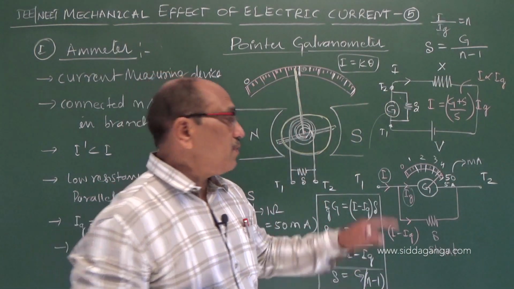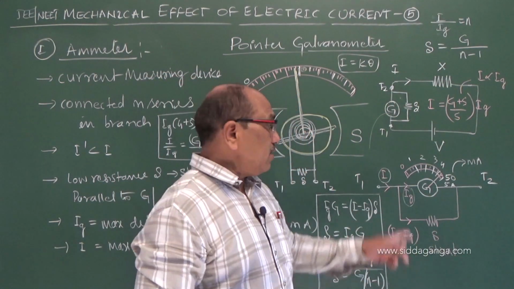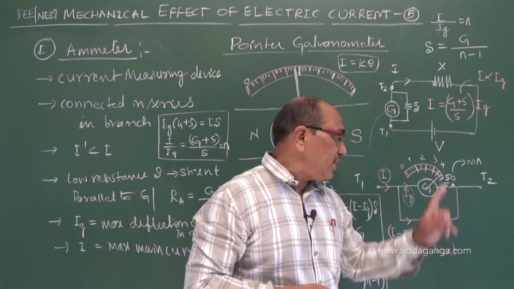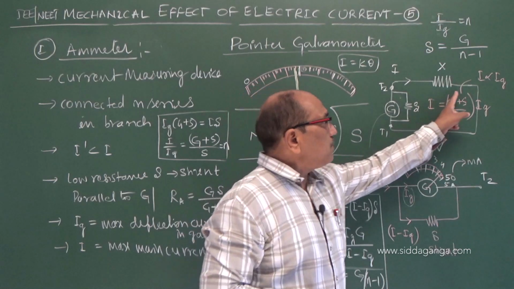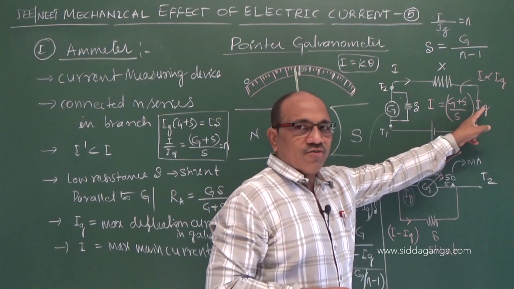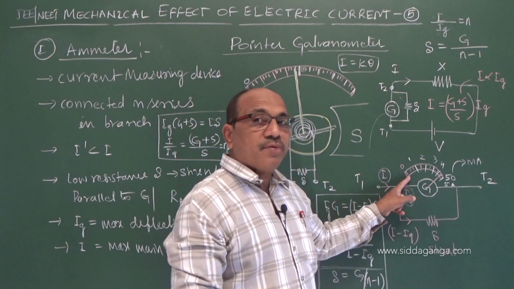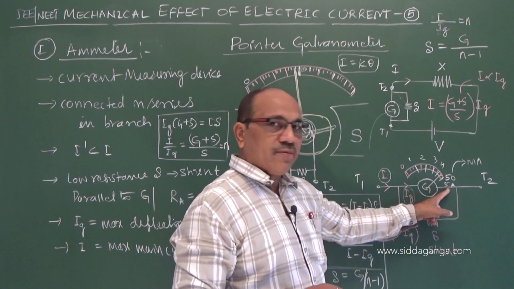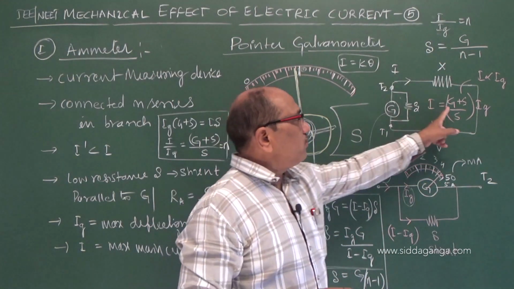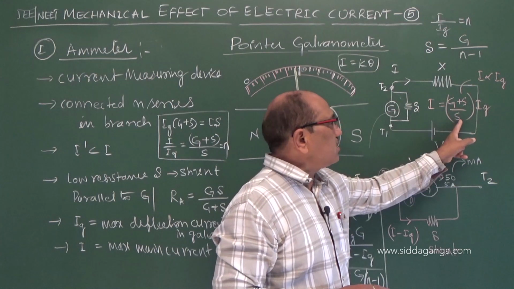Actually, the current is bypassed. The galvanometer is still measuring in milliamps only, but we calculate G plus S upon S. For 1 milliamp, I told you here, it becomes 0.1 ampere. If we convert to 5 amperes, you already calculated S. After calculating S, you will get this constant, G plus S by S is constant.